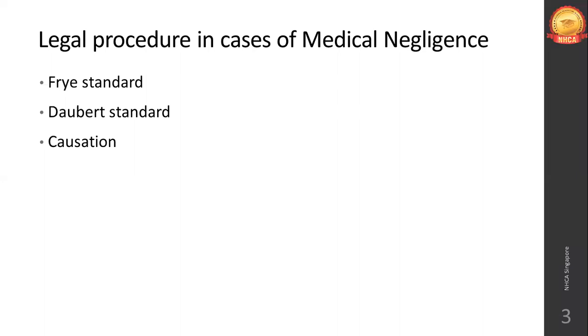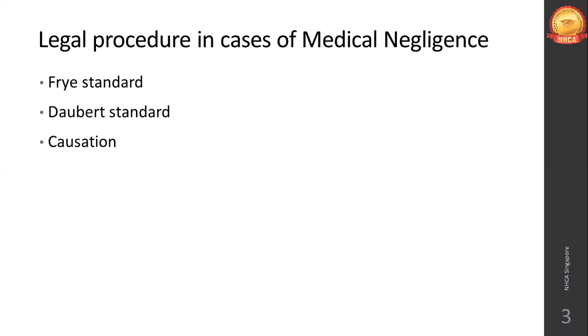This could be other doctors, other clinical practitioners who are well versed in that particular field where the case has arisen. So in the Frye standard, it is completely based on scientific readings, scientific interventions, what the science says, what is evidence based. But Daubert is science based, and along with that, an expert committee is invited to judge the case as well.